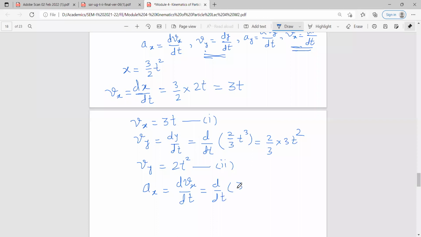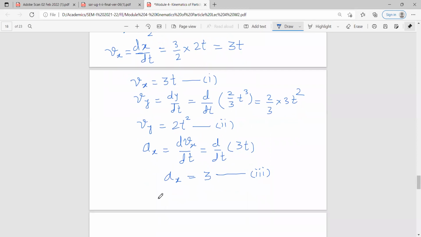That gives me the value of the acceleration component in x direction as 3. Okay, it means it is constant. Acceleration is constant in x direction. Say equation number 3.